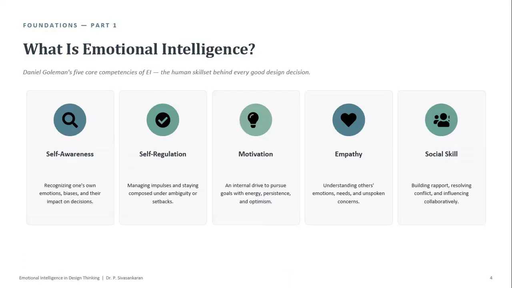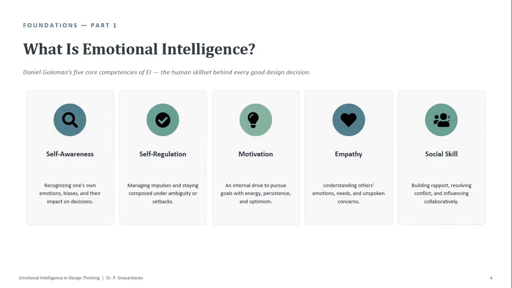Let us start with the basic foundations of emotional intelligence. An overview. Emotional intelligence refers to our ability to recognize, understand, manage, and effectively use emotions. According to Daniel Goleman, emotional intelligence consists of five core competencies.